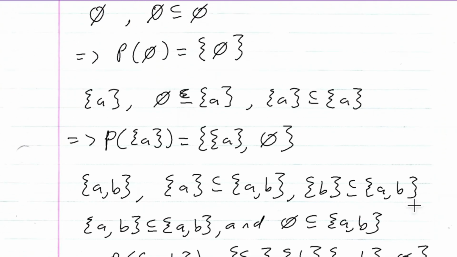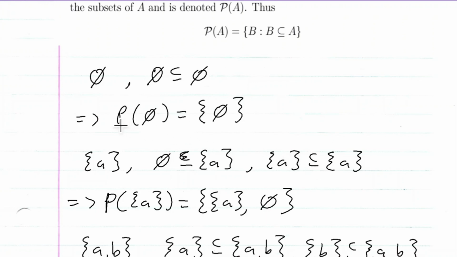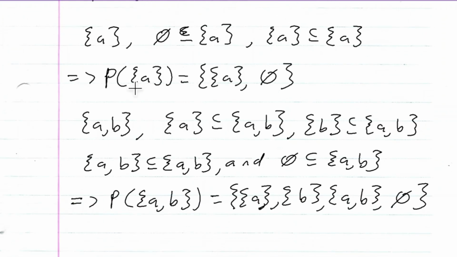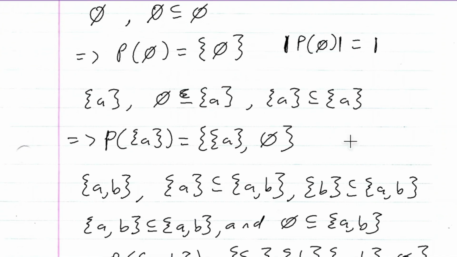Okay, so notice when we had no elements, when we had the empty set, the power set of the empty set gave us one element. So notice that the cardinality of the power set of the empty set is equal to 1. Notice that the power set of a set containing one element gave us two elements.